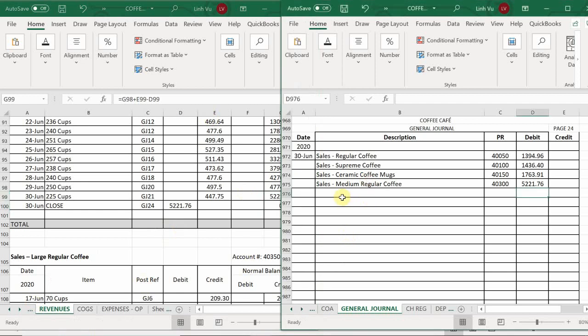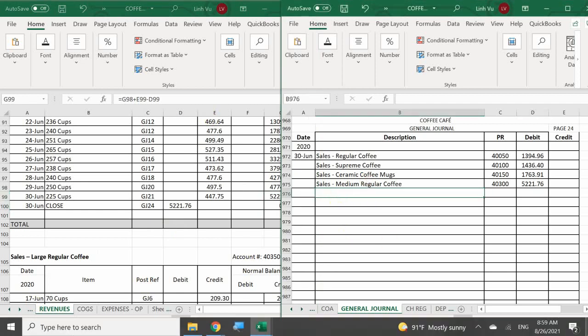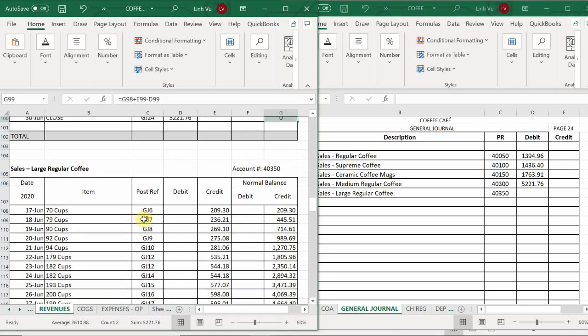All right, then our next account is going to be sales large regular coffee, account number 40350. Let's see.